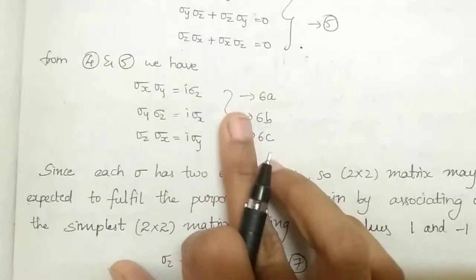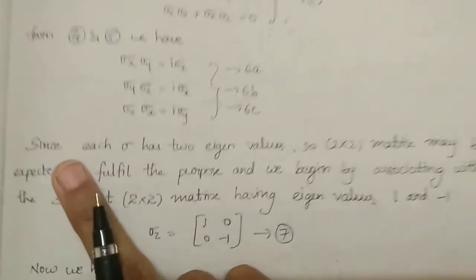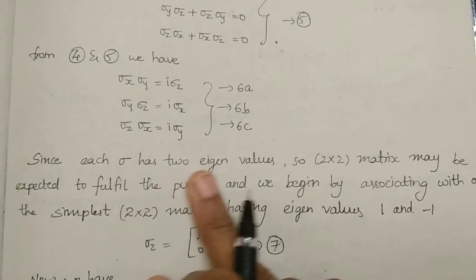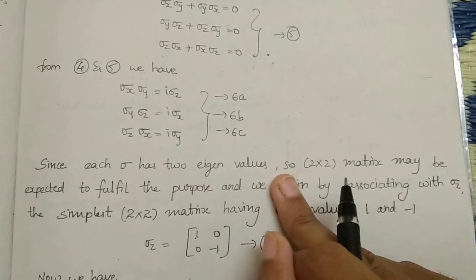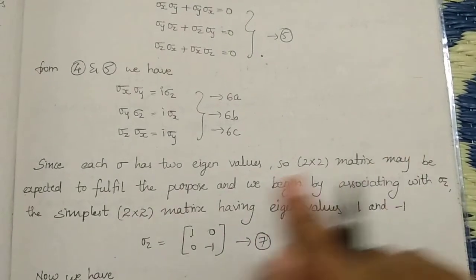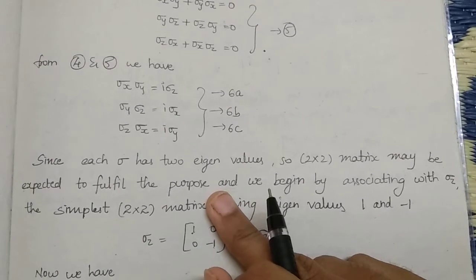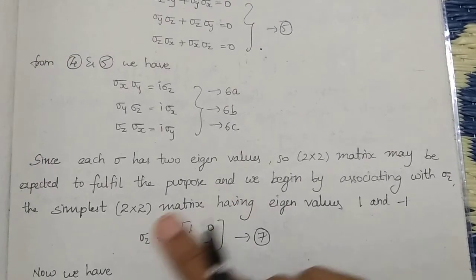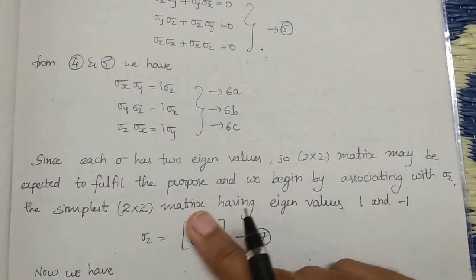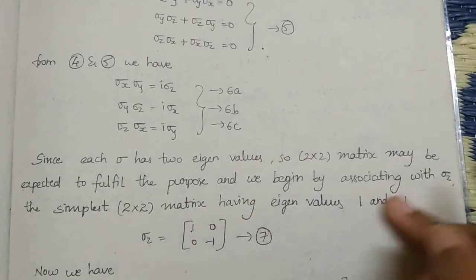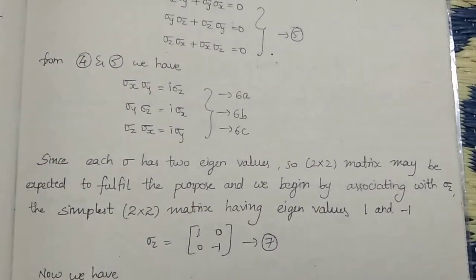In the same manner for the remaining ones. Since each sigma has 2 eigenvalues, a 2 by 2 matrix may be expected to fulfill the purpose, and we begin by associating with sigma z the simplest 2 by 2 matrix having eigenvalues +1 and -1.